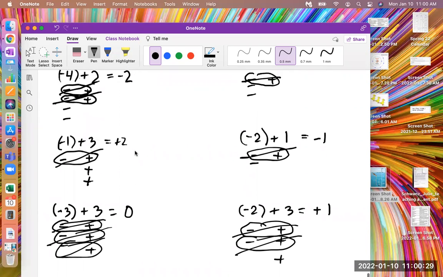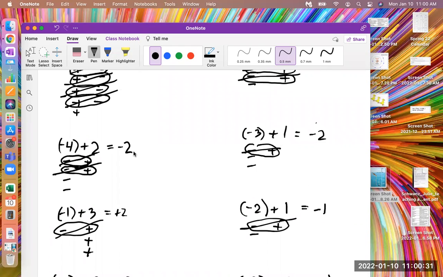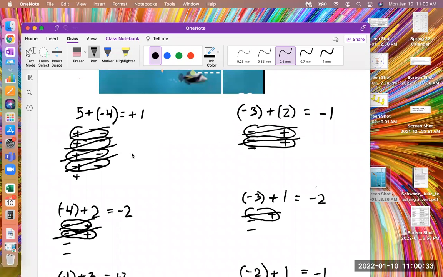And then hopefully you understand something even more: not only is the answer the same as whatever we had more of, positives or negatives, but it was exactly how many more. So when we have 5 and -4, we're adding together, the question we really need to ask ourselves is how many more positives do I have than negatives?